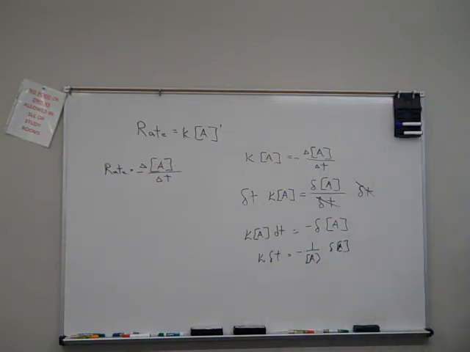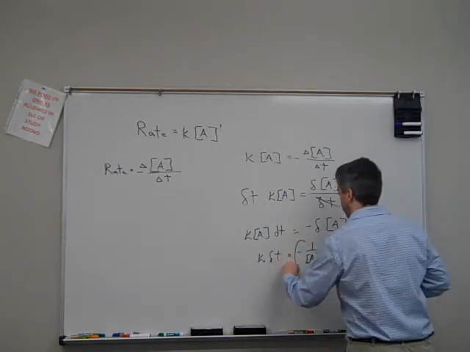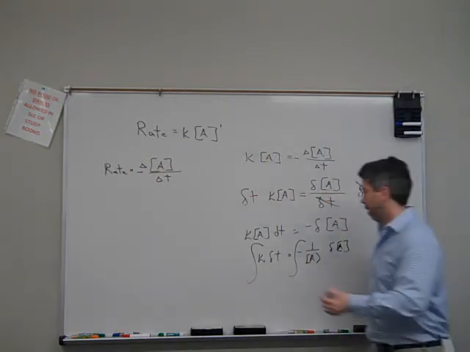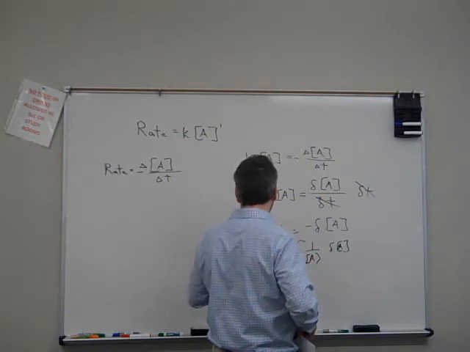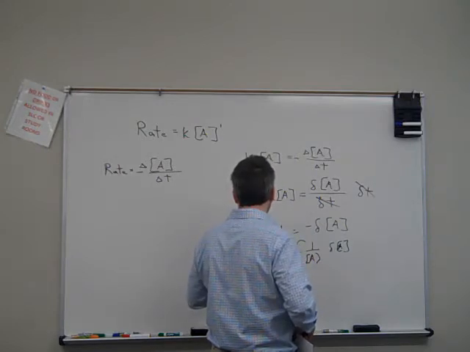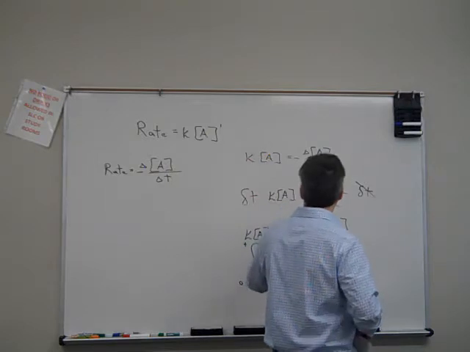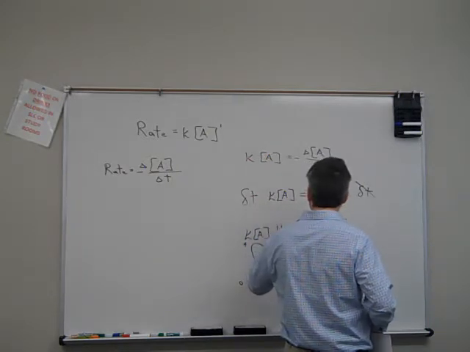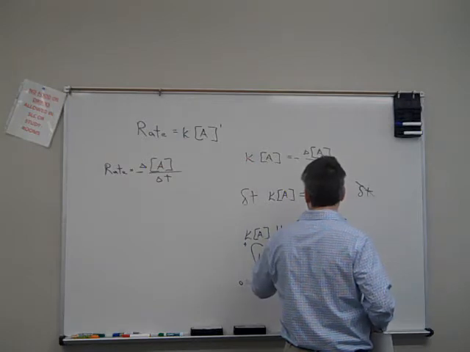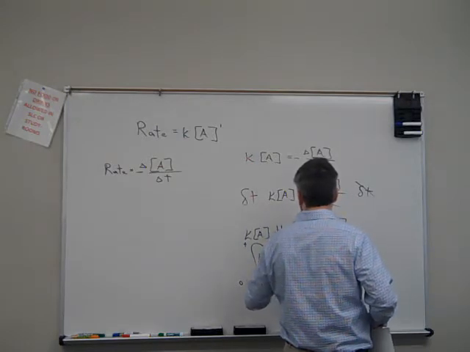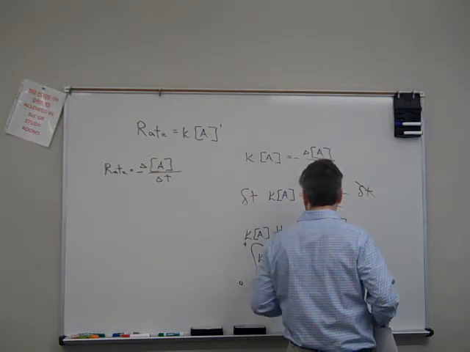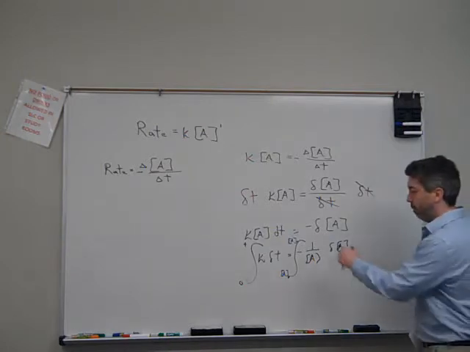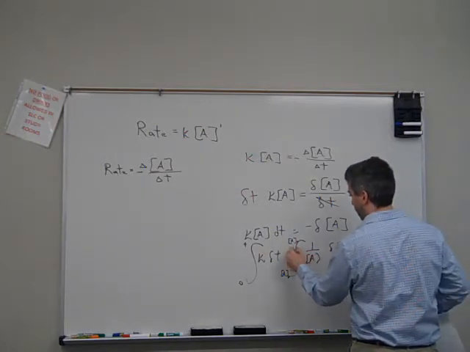And then at this point, I integrate both sides. This is calculus. I integrate across t final minus t initial, which is just 0, and integrate the other side across A final, A at time t, divided by A initial. One of the things you'll notice is I can pull the negative sign out in front when I integrate.